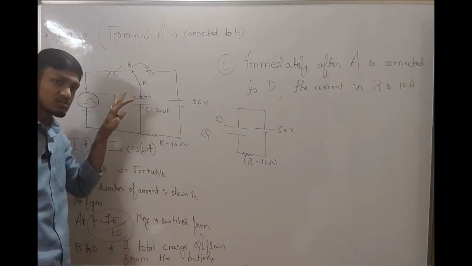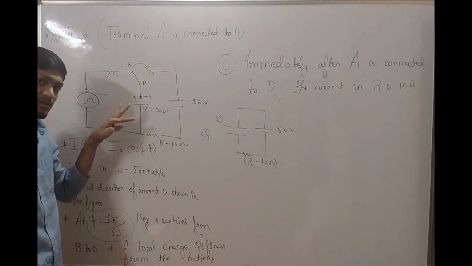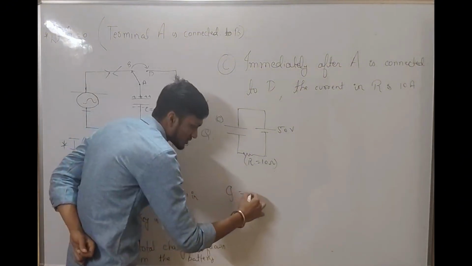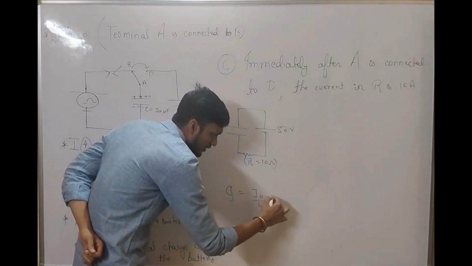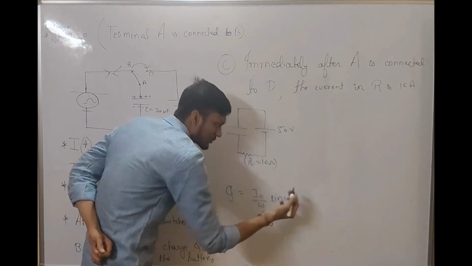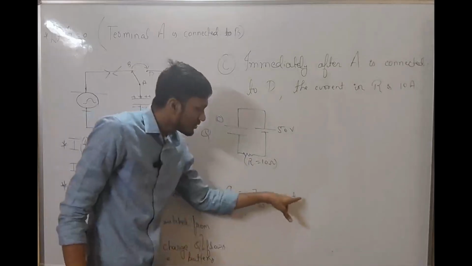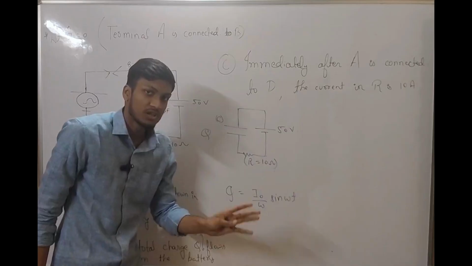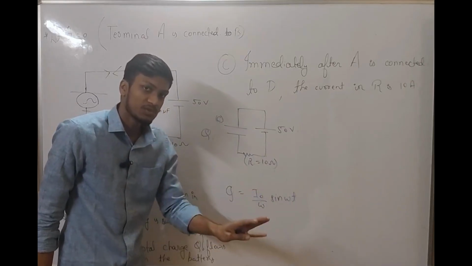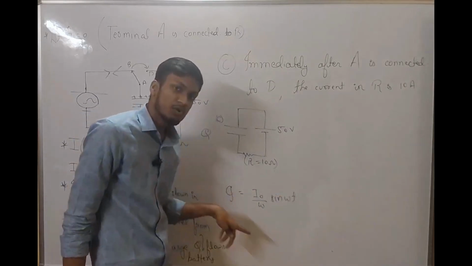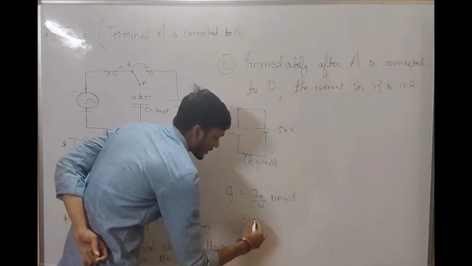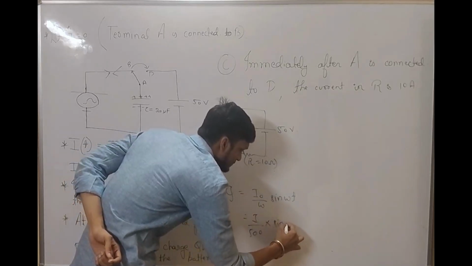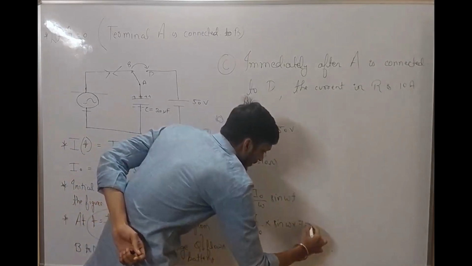The charge that is stored in this circuit can be determined by the equation that we derived earlier, that Q is equal to I naught by omega into sine omega t. So at t equals 7 pi by 6 omega, when the switch is changed from B to D position, what is the charge in the capacitor? 1 by 500 into sine omega into 7 pi by 6 omega.